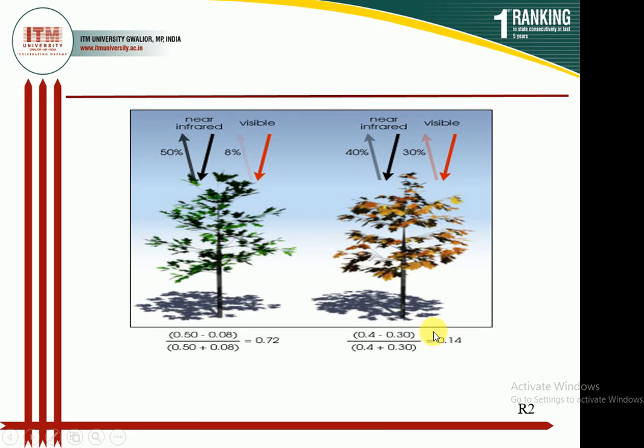If the value lies near 0, there is very little chlorophyll or the plant is dry. If the NDVI ratio comes near the value of 1, then there is a flourishing green color of the plant, or an abundant amount of chlorophyll is present.